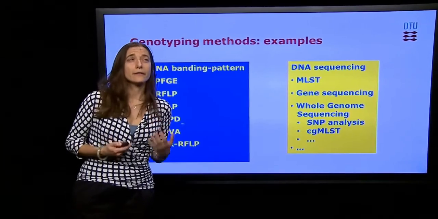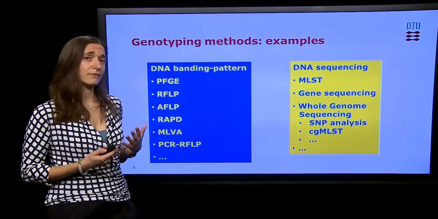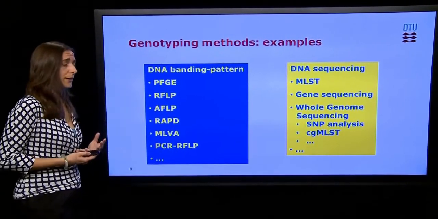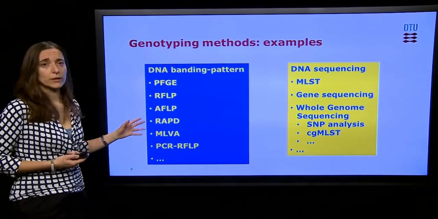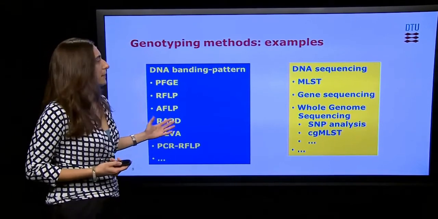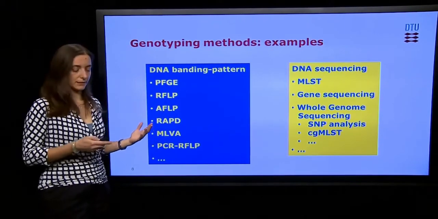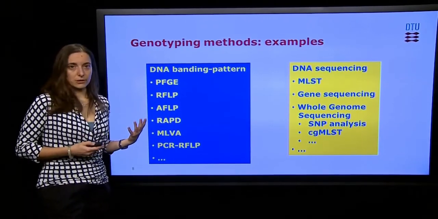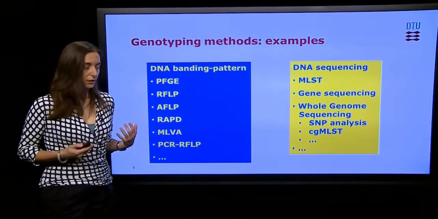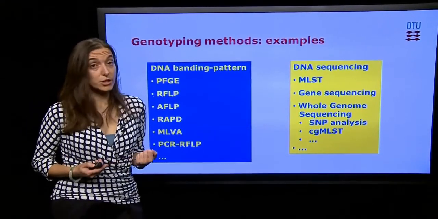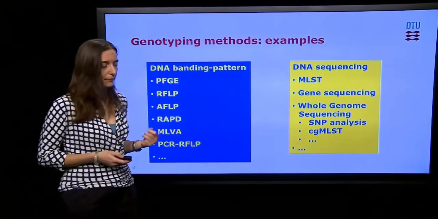Now, one of the things that I found very difficult when I started was, how do I choose which of these methods? There are many, many possibilities. How do I choose what to use if I want to perform a study in which I characterize bacteria?